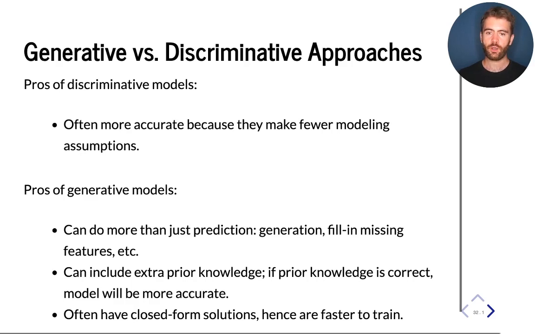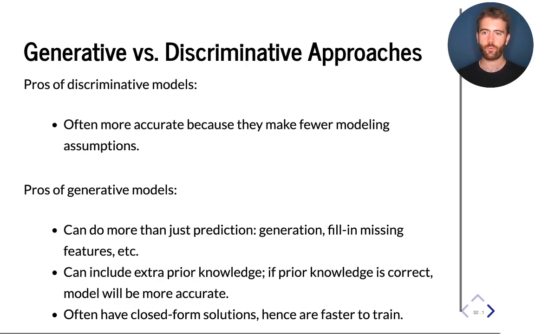And also, because we're modeling X, we have more flexibility. We have more flexibility to specify a model. We have a richer kind of model, and we can specify more prior knowledge. And if we actually have good knowledge about how X is generated given Y, then we can specify it. And if we actually know this process, if we can specify it correctly, then generative models will tend to outperform discriminative models.